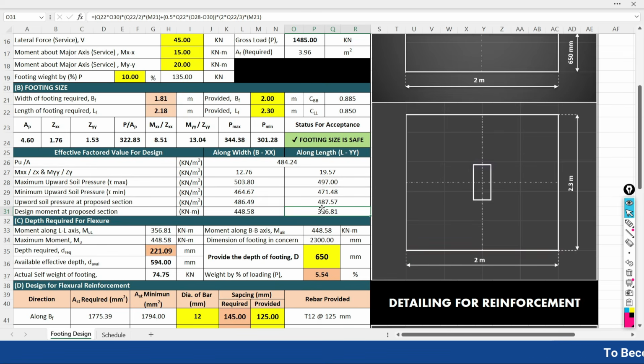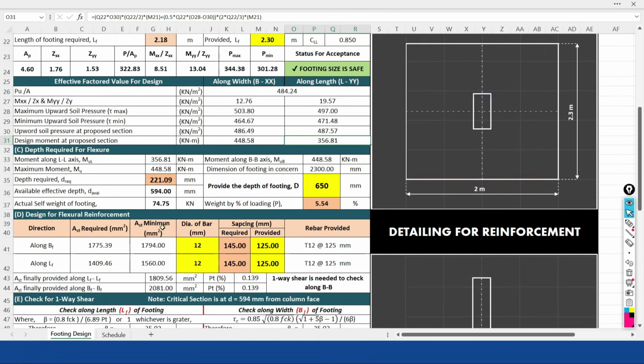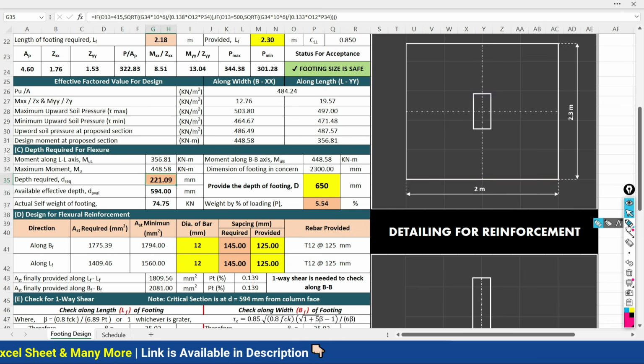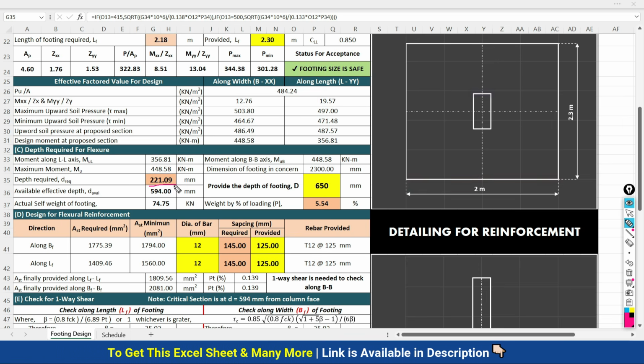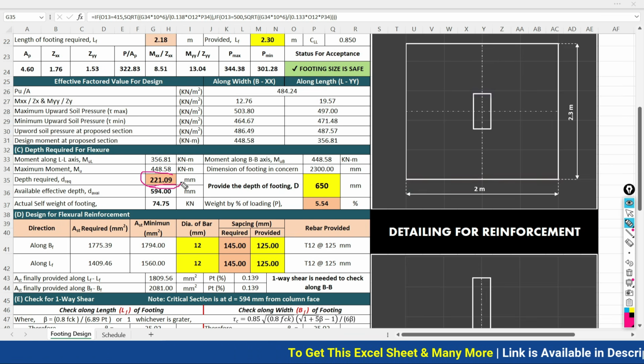All this calculation the sheet has done accurately, and now we just have to finalize what depth of the foundation we should adopt. So here, as per the flexural requirement, the depth of the foundation is 221.09 in demand. So at least this depth we need to provide for the case of flexure only.